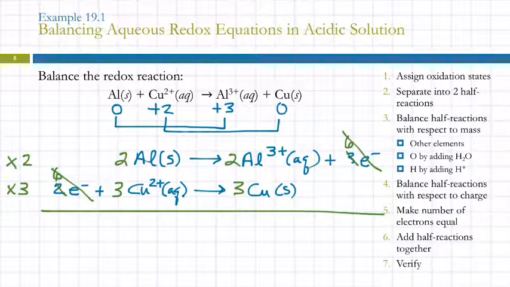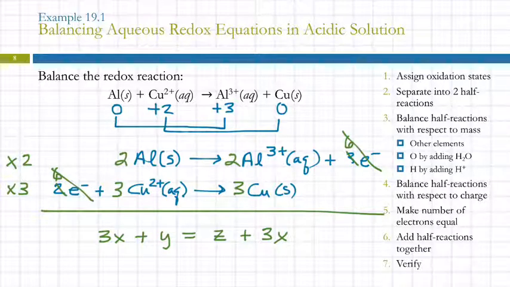We see that these 6 electrons cancel out. So this is like if you had 3x plus y equals z plus 3x. Could you get rid of the 3x on each side? Yeah. There's a 3x on each side.